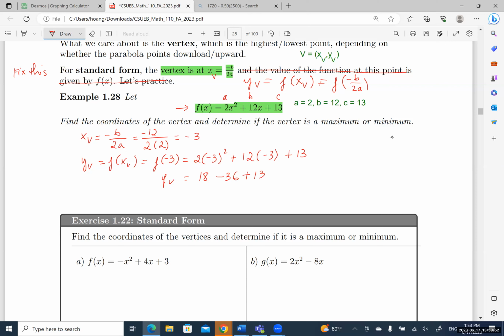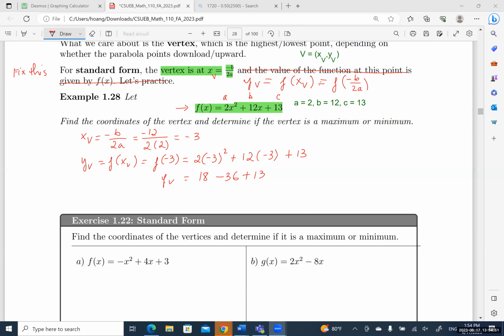Use the calculator and you should have negative 5, right? So we can say the vertex V in the form xv, yv will equal negative 3 comma negative 5.